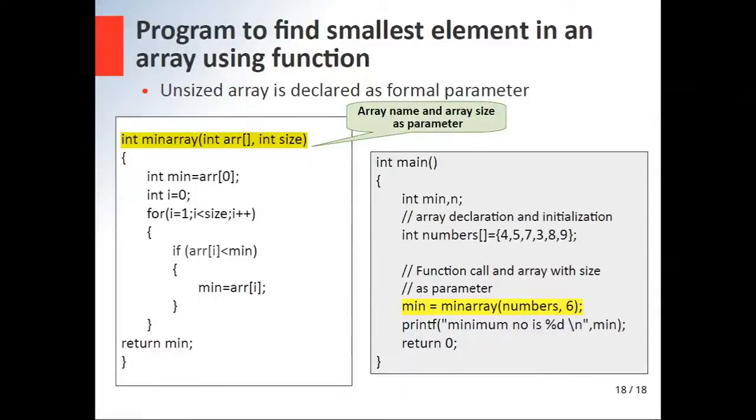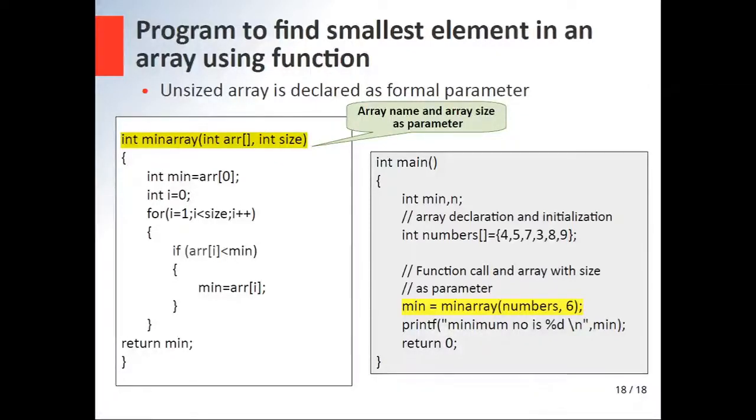The min variable is initialized as array of 0, that is the first element in the array. The element at position 0 is assigned as min and i is initialized as 0. That's the starting position of the array.